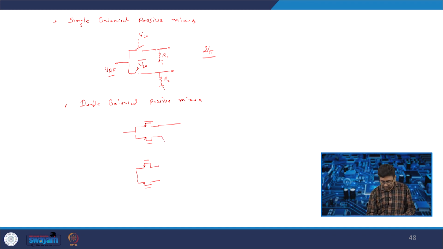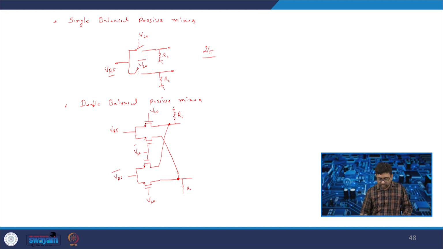So here what we can do is we connect this to this to this, and then this is RL. This is VLO, VLO and VLO bar. This is VRF, VRF bar. So in the double balance it looks like the same differential Gilbert cell mixer that we have seen.